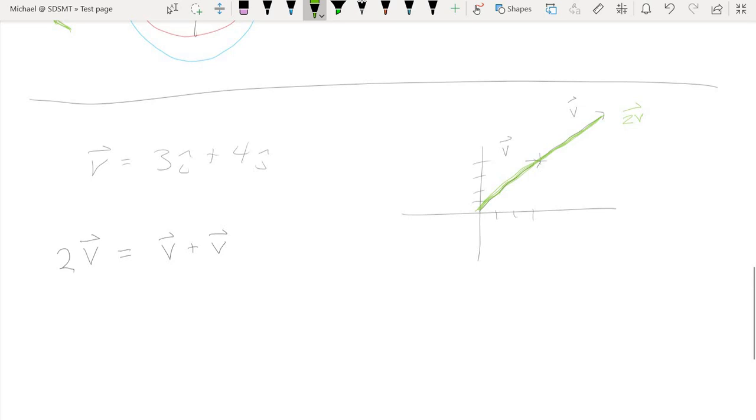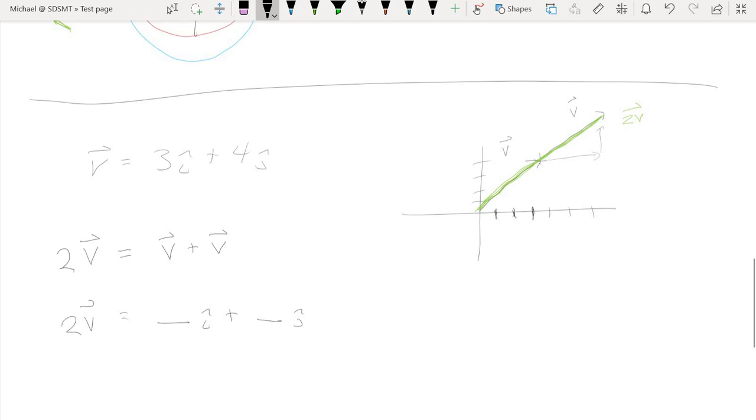But what are the x and y values of this new resultant vector? Well, I already know that for the individual vector V, we had an x component that was 3 units long, but that doesn't change just because we added an extra V. I just have to continue traveling out another 3 units.